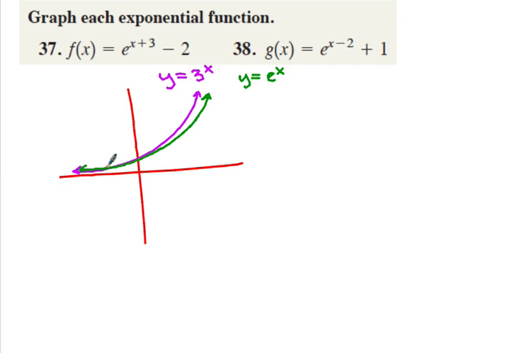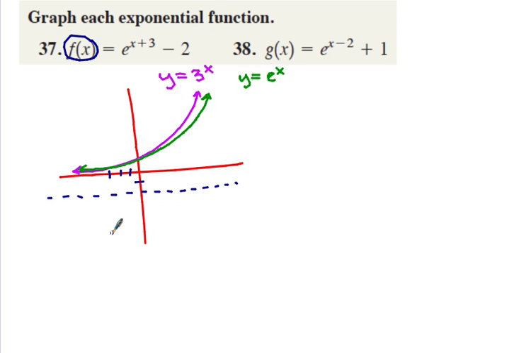So it kind of has a similar shape, but a little bit off with the skewness. And then if I want to shift this thing and actually graph what that is, we're going to send it 3 units to the left and down 2 units. So this will be down 2 units, and it'll be over 3 units.